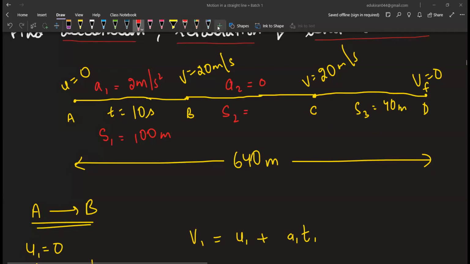Shaima is right. Yes, Jobita. Not 60. How come you have 60? If this is 60, then 60 plus 40 is 100, and 100 plus this 100 will become 200. But the total is 640. So how can this be 60?